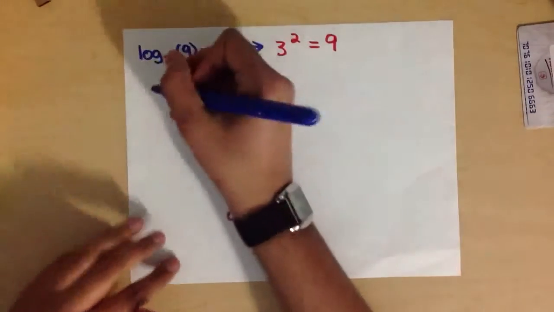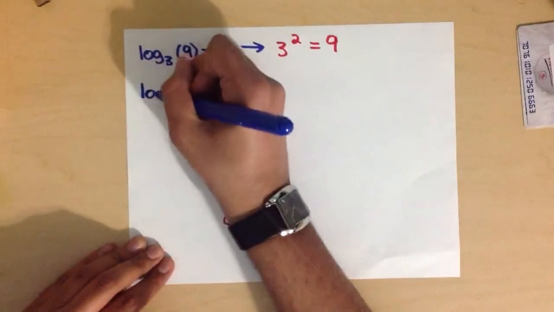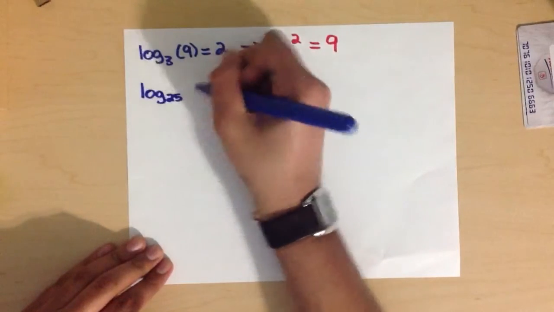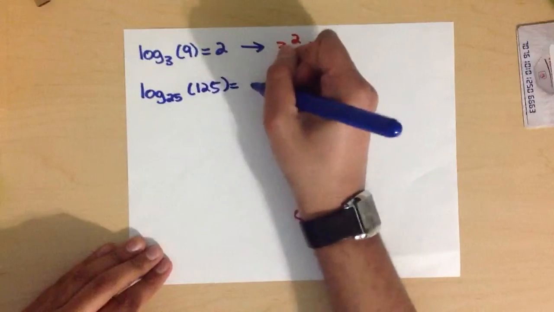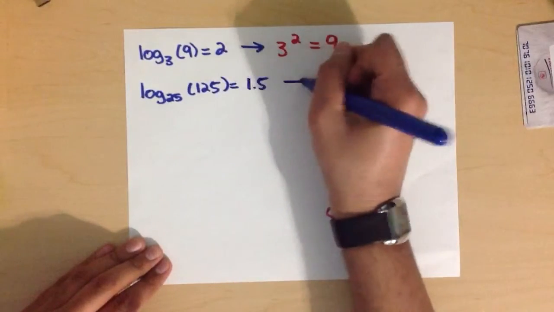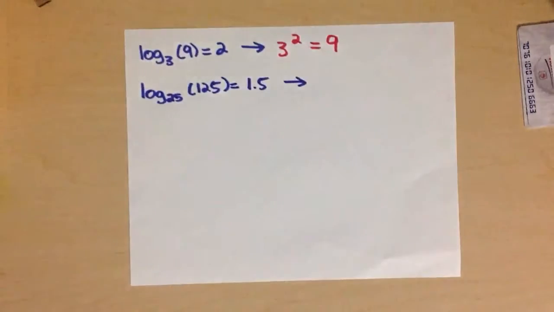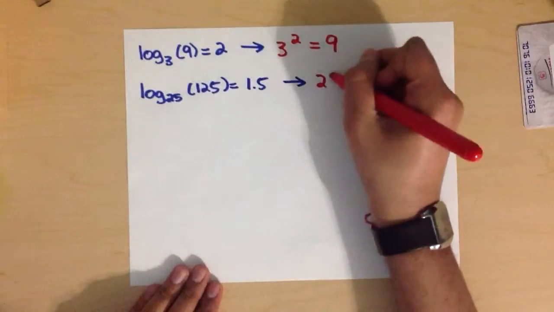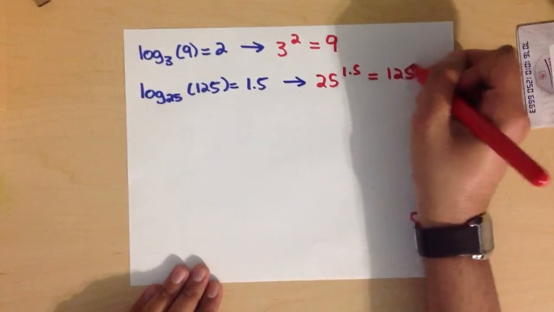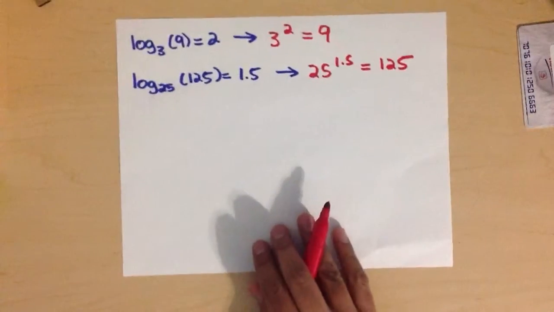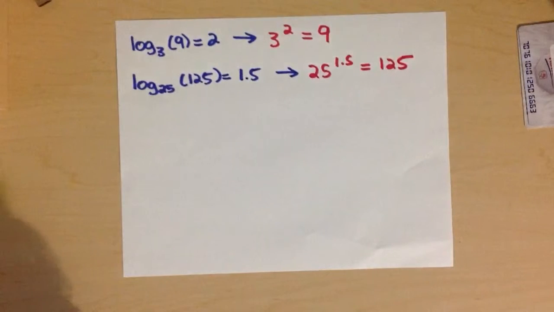Let's do another one. Log base 25 of 125 is equal to 1.5. Converting that into exponential form, that's going to be 25 to the 1.5 is equal to 125. Alright, let's do some more.